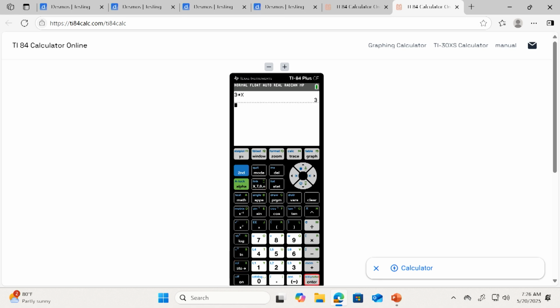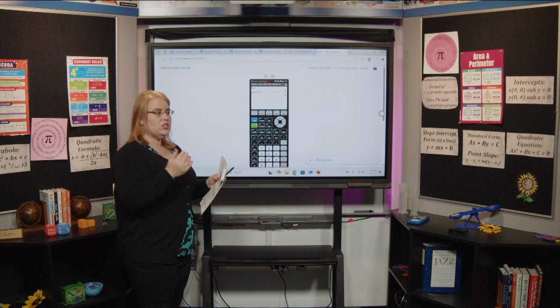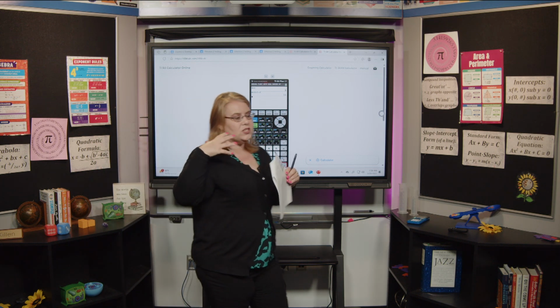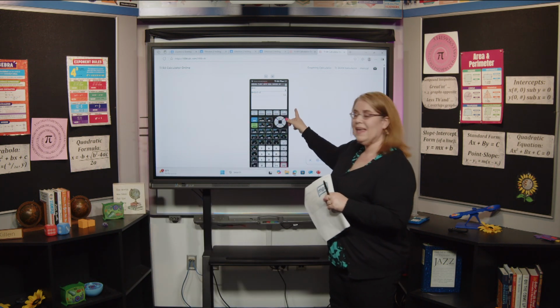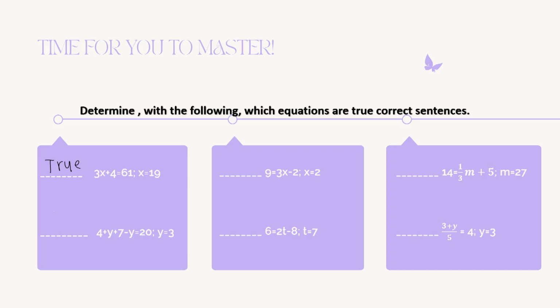Then I'm going to put my expression, 4 plus my variable plus 7 minus my variable equals 11. Well, that's not what my paper says. My paper says 20. So since I stored my number and it gave me 11 as my answer, I can go back and say this is a false statement.